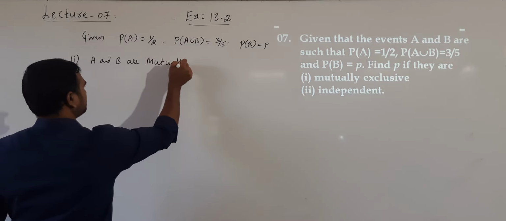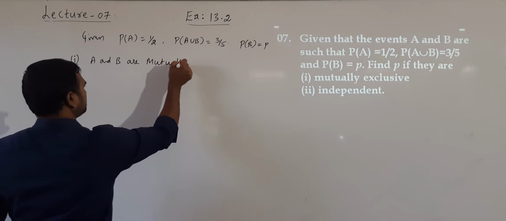Consider P of A union B. We know the formula: P of A union B is P of A plus P of B minus P of A intersection B. P of A union B is given as 3 by 5, P of A is 1 by 2, P of B is small p, and P of A intersection B is 0, since they are mutually exclusive events.